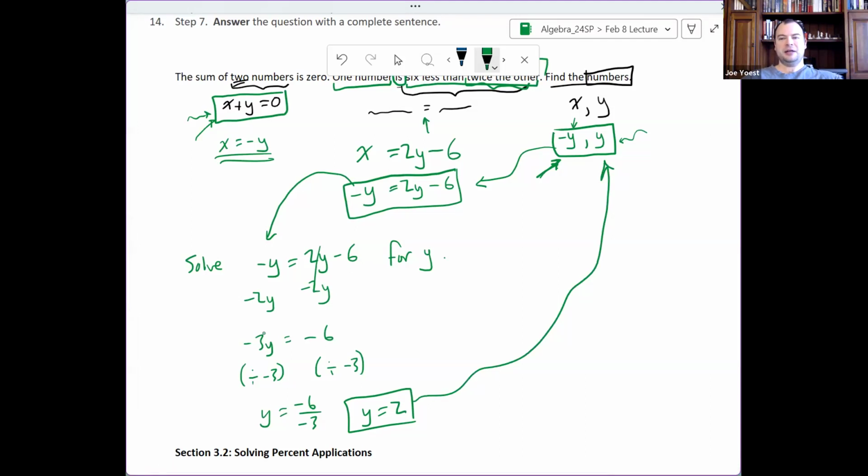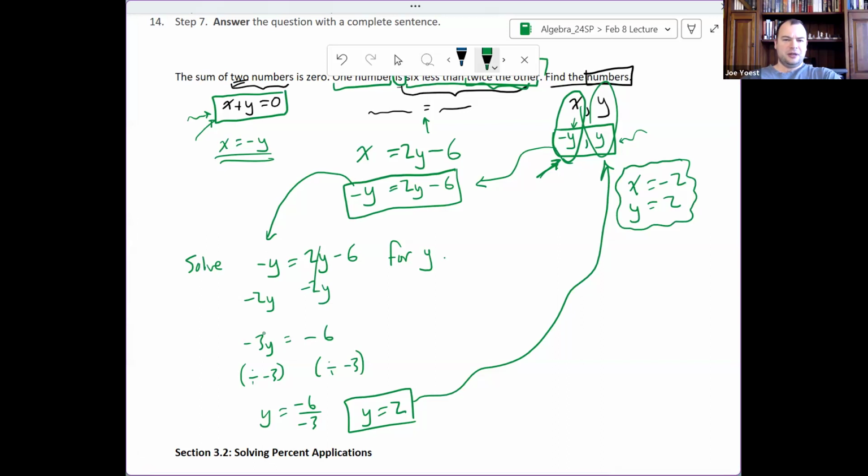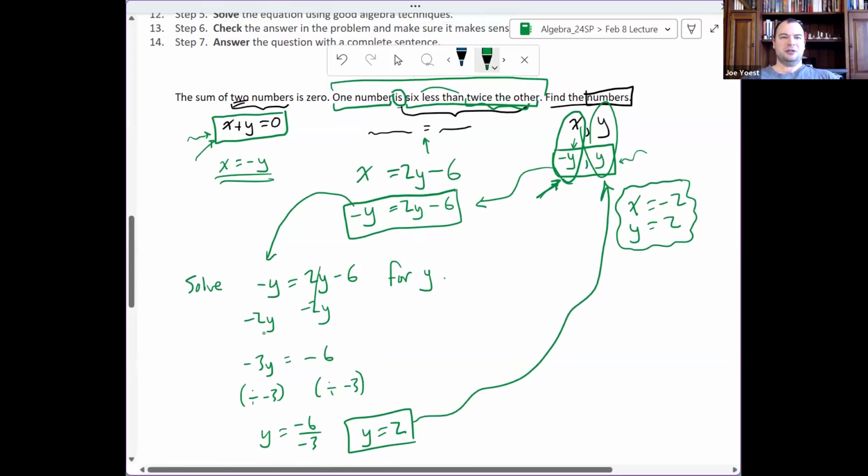Now if I come back up here, y equals 2, and x, which is negative y, is going to be negative 2. Coming back up to my word problem, putting this back into context. For a problem like this, I don't have a ton of context to work with, unlike children in a classroom, but I still have some context. I have two numbers. Is there some 0?